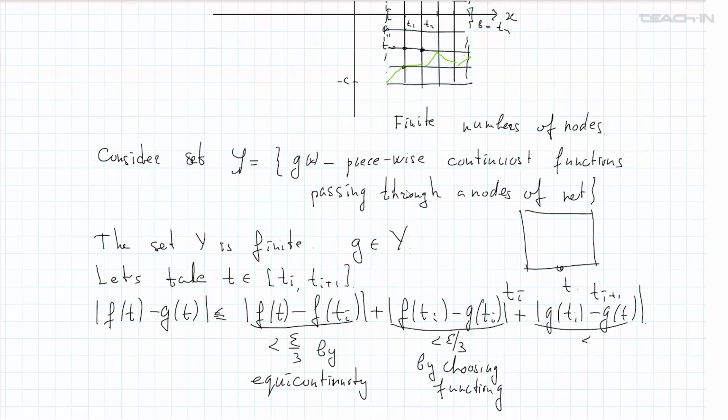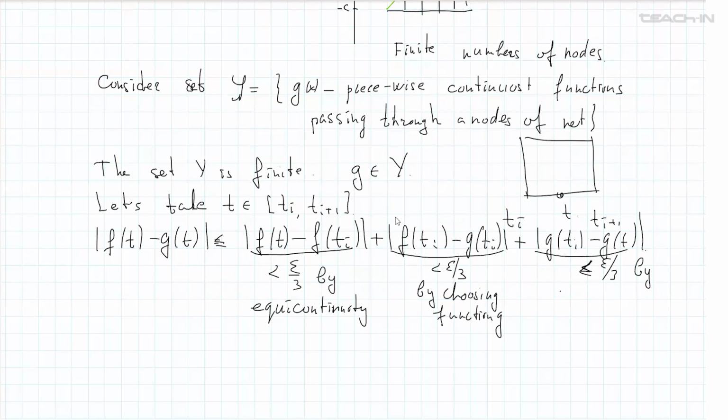And this is less than epsilon over 3 again by the property of the set Y. So finally, we obtain the estimation by epsilon.